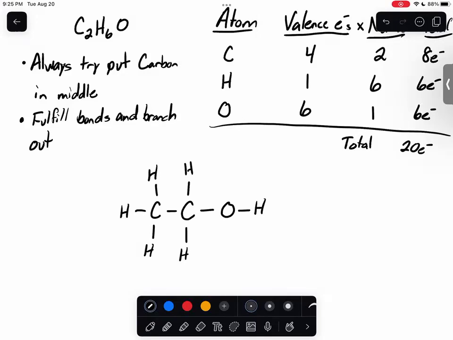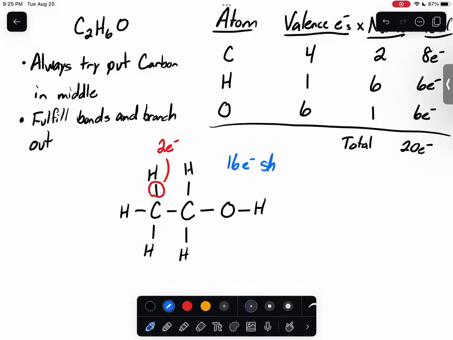Now, looking at this, we have to ask ourselves, how many electrons do we have shown in this picture? And remember that each of these bonds represents 2 electrons, right? There are 2 electrons in that bond. So if we count that up, we see we have 2, 4, 6, 8, 10, 12, 14, 16 electrons currently shown.